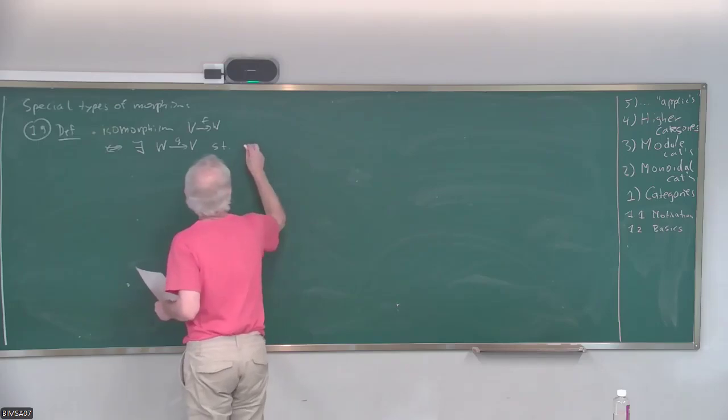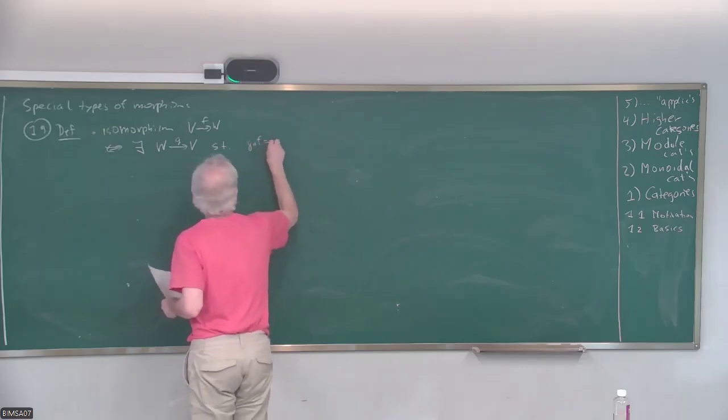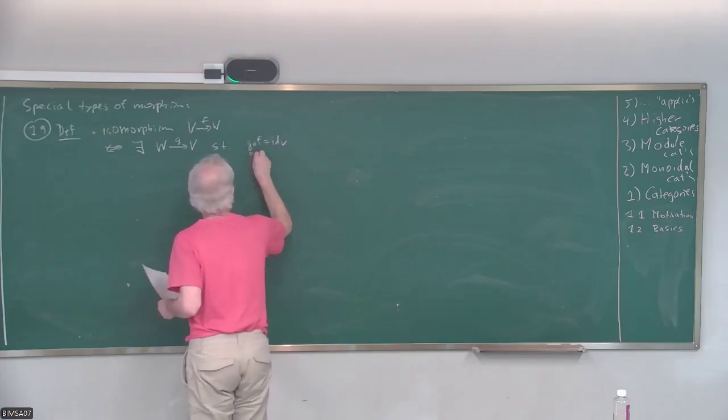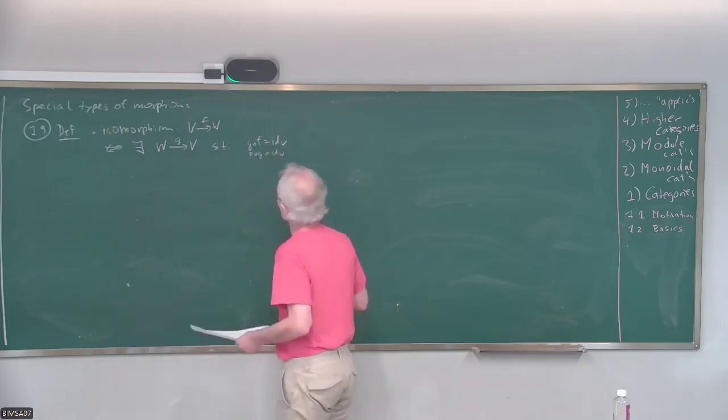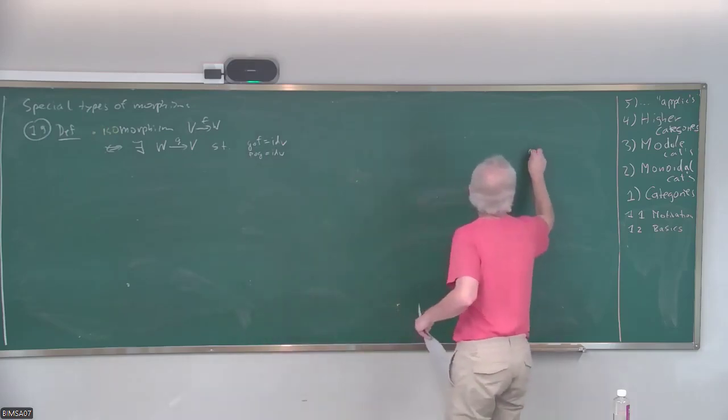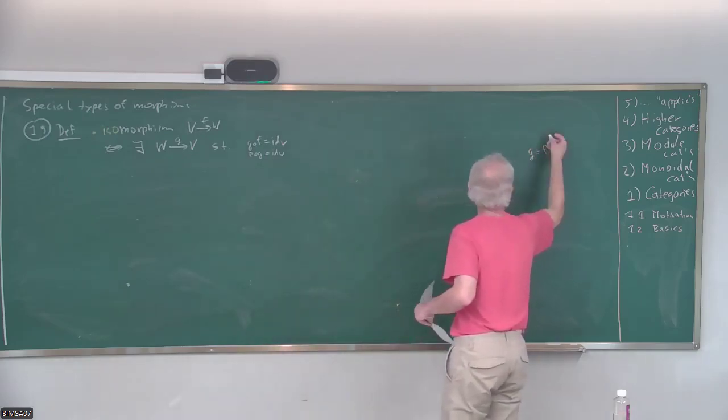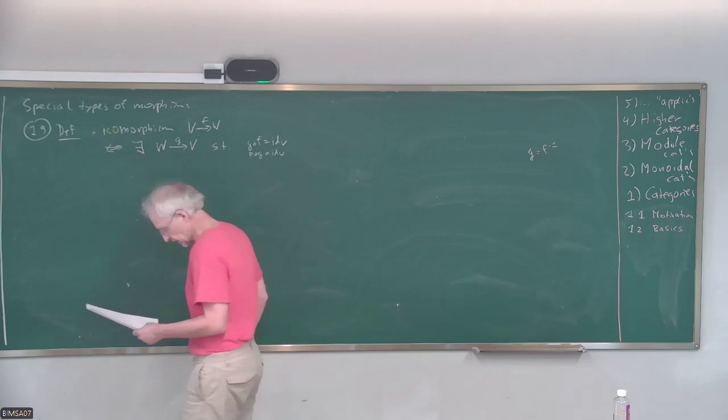So G after F is the identity of V, and F after G is the identity of W. And then we also write G equals F inverse.